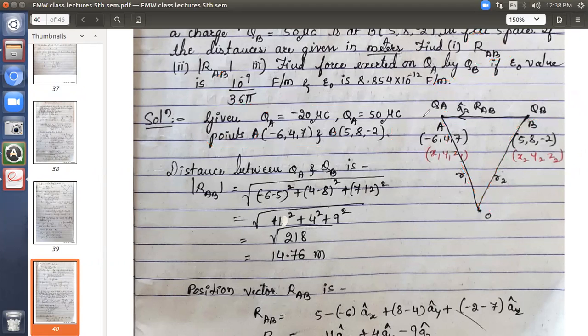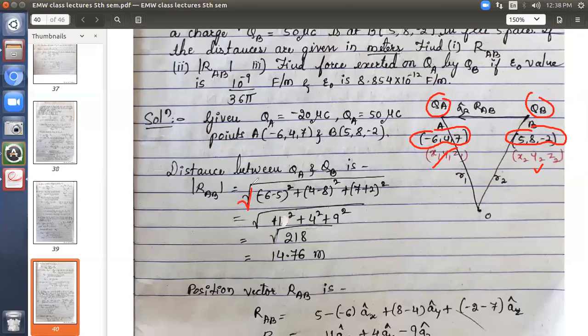So first, how to find the distance between these two? You have coordinates given to you, two points, which I have marked as x1, y1, z1, x2, y2, z2. If two points are there in the space coordinate system, use the distance formula and you can calculate the magnitude.